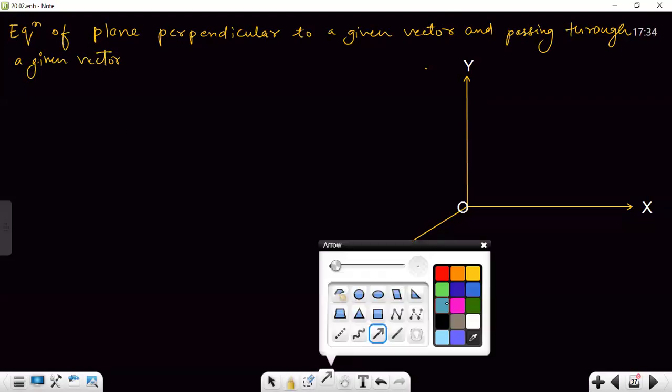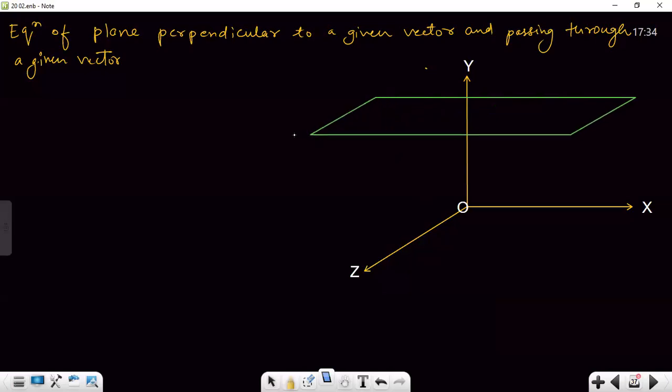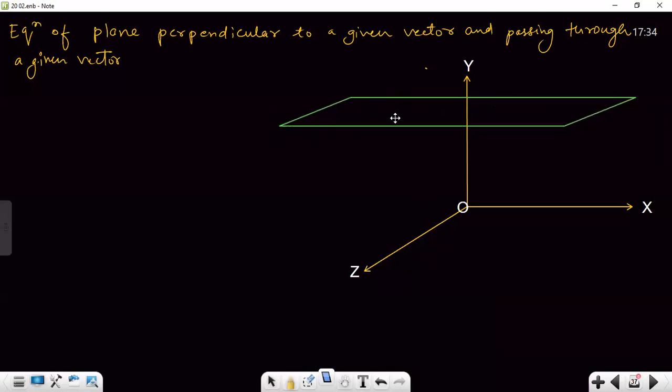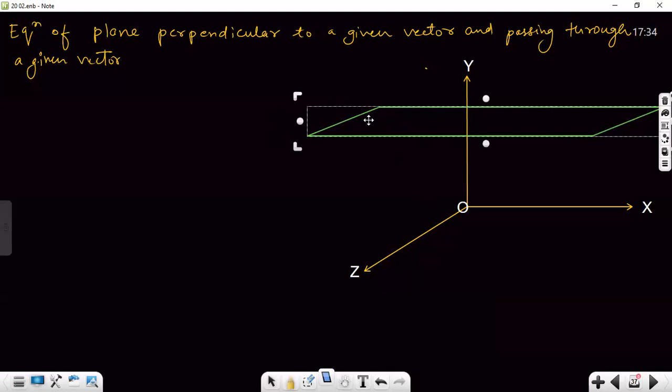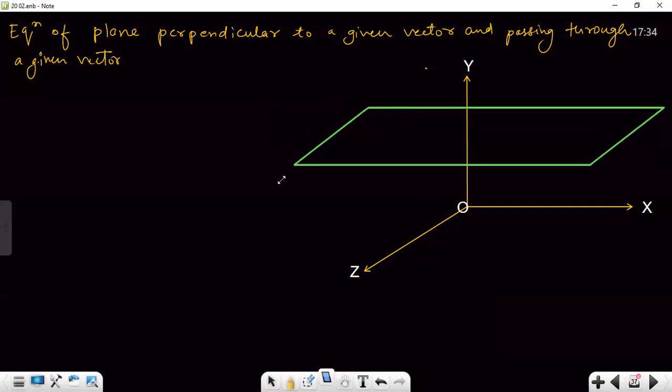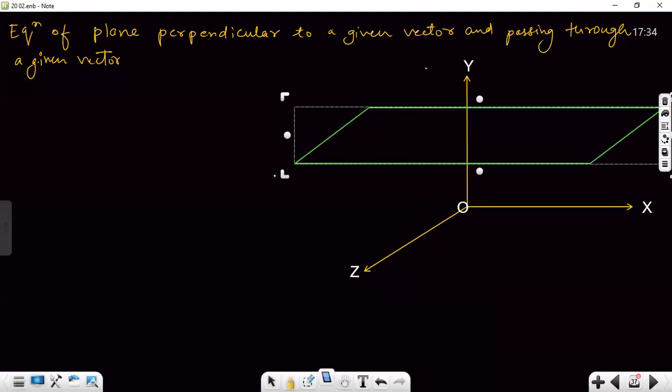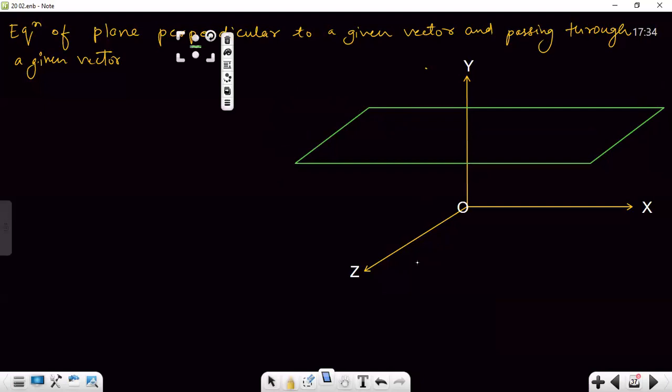Let me draw the plane and the diagram. This is the plane that we are going to discuss, let me draw it a little bigger. What is given to us is the normal vector. Let me draw a normal vector.